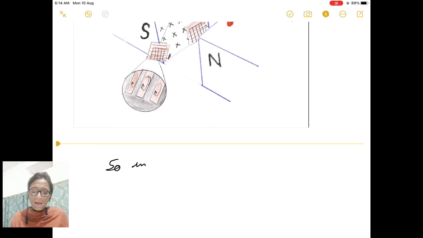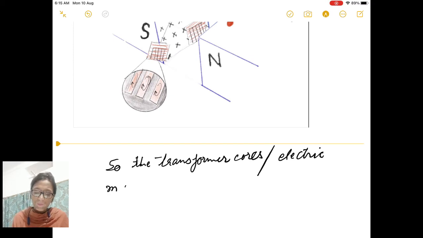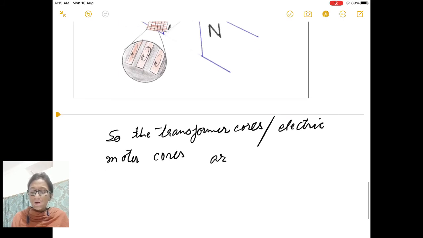So transformer cores, electric motor cores are made of laminations.